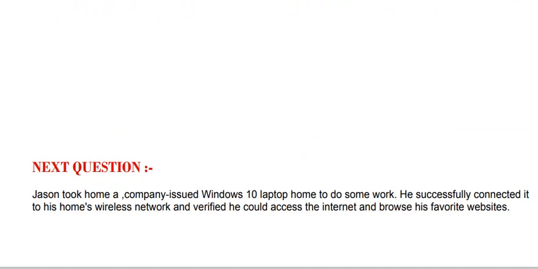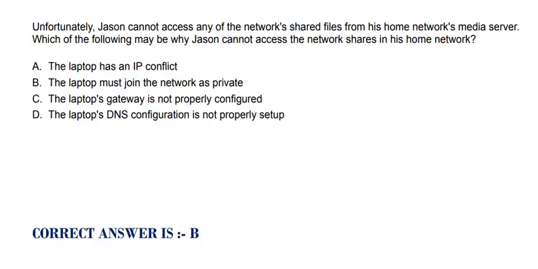Next question is, Jason took a company-issued Windows 10 laptop home to do some work. He successfully connected it to his home's wireless network and verified he could access the internet and browse his favorite websites. Unfortunately, Jason cannot access any of the network's shared files from his home network's media server.